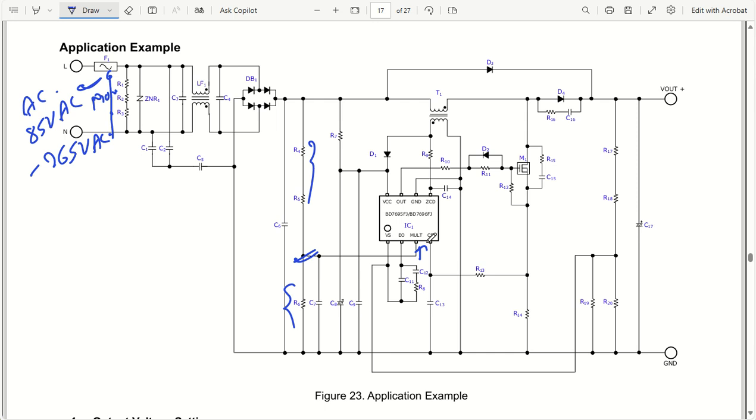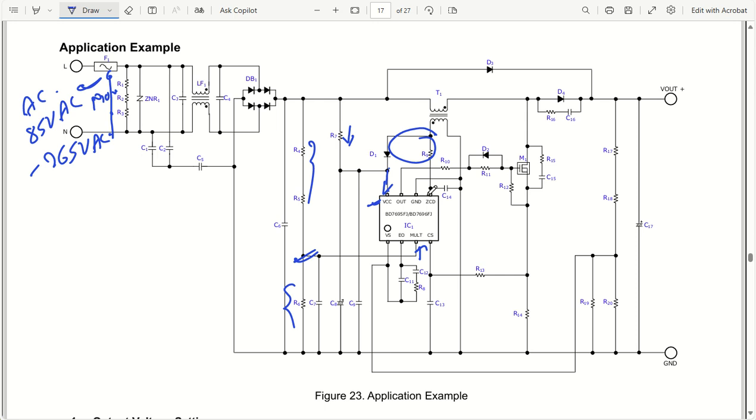Then coming back to the VCC supply pin, as you had seen already, there was a Zener diode inside also. So you can have one resistor and directly supply it to this point, and that Zener diode will take care of that. And this RCD snubber is going to decide at the input. So this is my RCD.